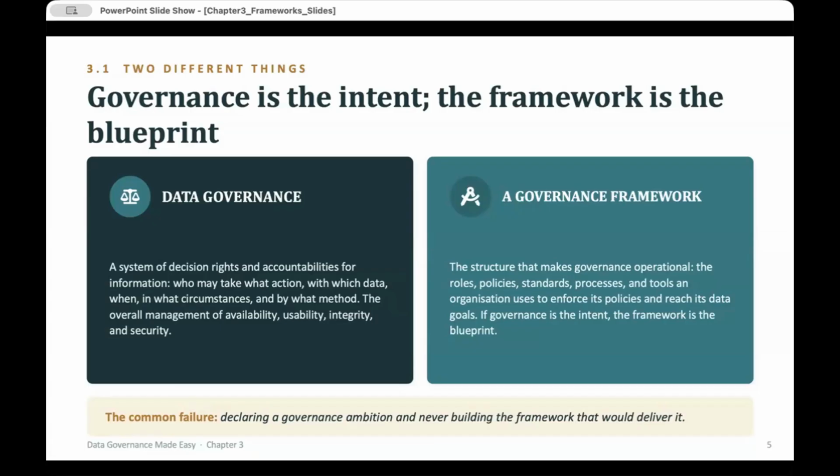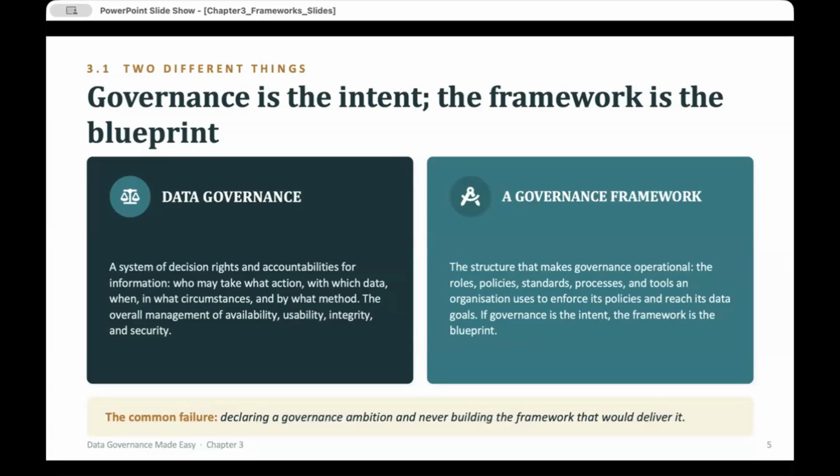So they want you to put in systems and rules that will enable you to govern data. That's good, because data governance itself is about decision rights and accountabilities. Who has the right? Who is accountable for what, for the information?